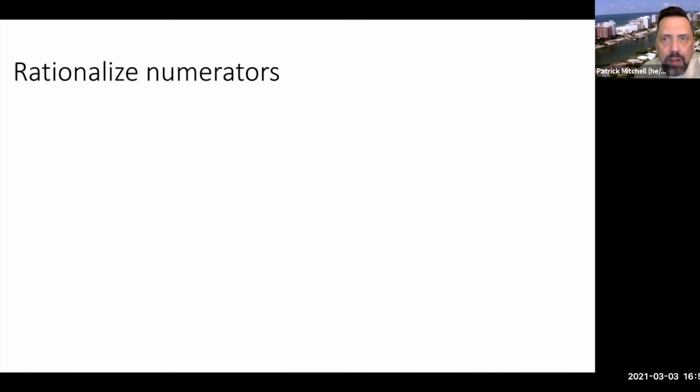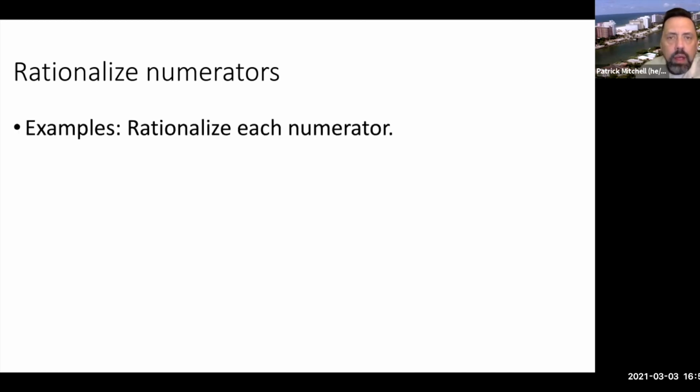There's not as often a need for this. However, there are certain problems, again, in calculus sometimes where you need to rationalize the numerator. The good news is there are absolutely no new tricks to it. So I'm just going to show you a couple of examples, but it's going to be all the same tricks that we've been using all along.